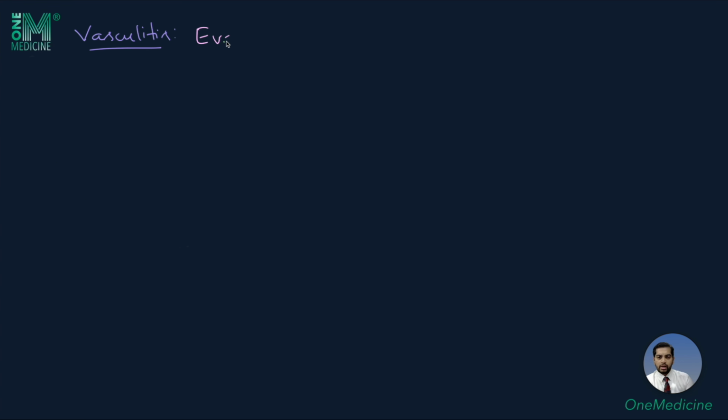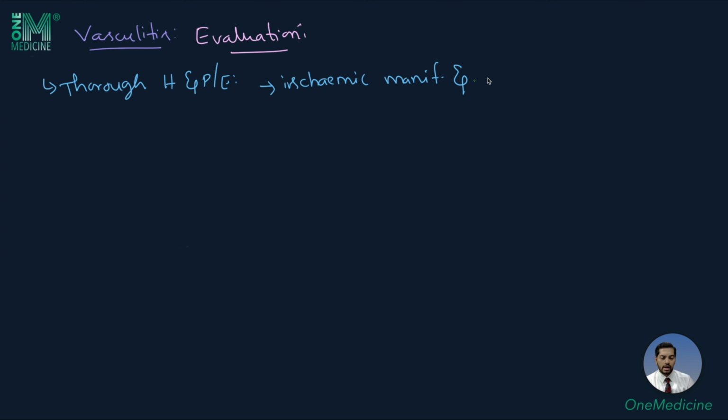Let's look at the evaluation of vasculitis. The evaluation involves a thorough history and physical examination with special attention towards ischemic manifestations and systemic inflammatory signs. Laboratory investigations include measurement of erythrocyte sedimentation rate and C-reactive protein.